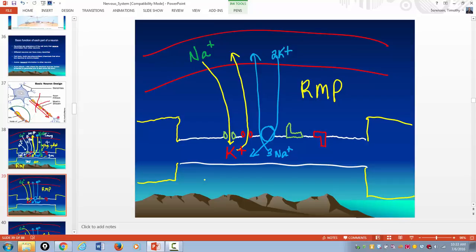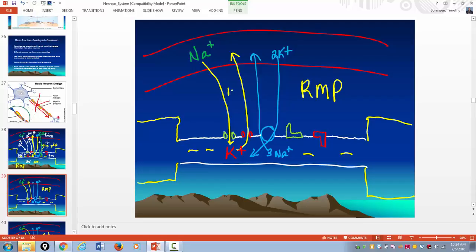A resting membrane potential is the charge inside this node when it's doing nothing. How is that achieved? It's achieved by sodium leaking in through these leak channels, potassium leaking out, and then our buddy, our pal, the sodium potassium pump.